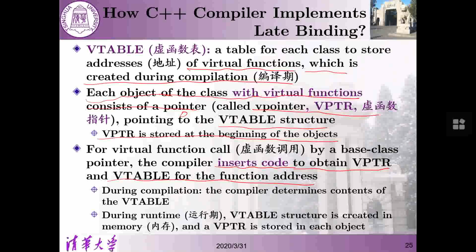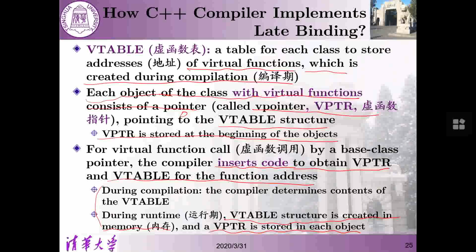So when we do function call, based on the pointer, we can find the vptr and then we can find the vtable. So in summary, during compilation, the compiler determines the contents of the vtable, and then during runtime, vtable structure is created in the memory, and then the vptr is stored in the object.